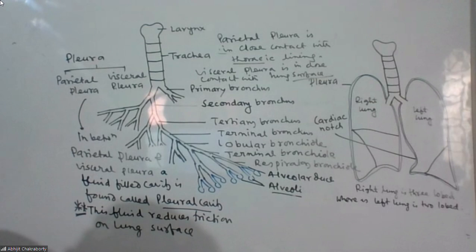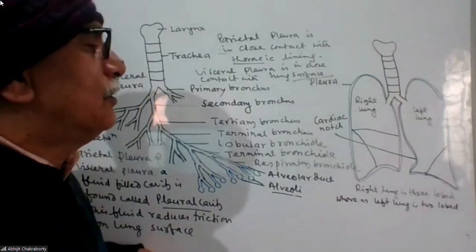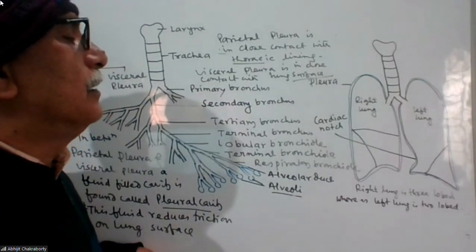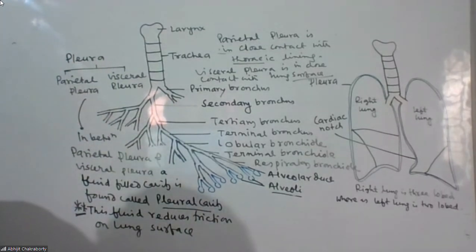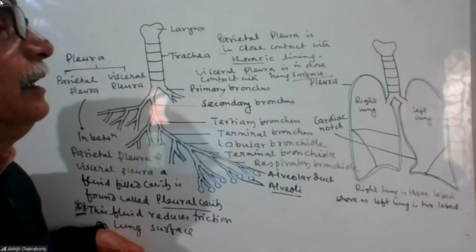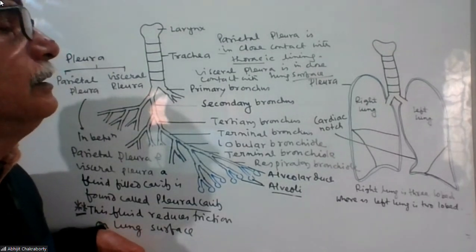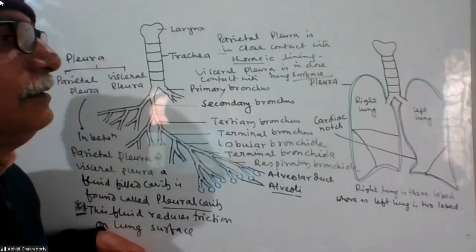Left lung is two-lobed. The left lung has cardiac notch. The right lung doesn't have cardiac notch. Generally, right lung is broader than the left lung, and left lung is narrower than the right lung. So this is the difference between the right lung and left lung.